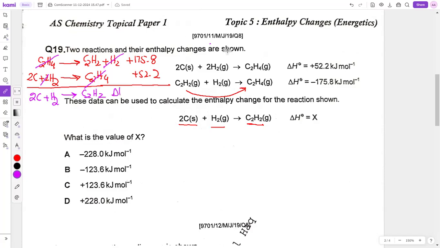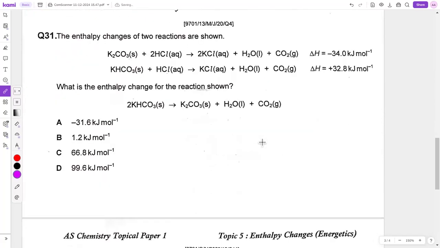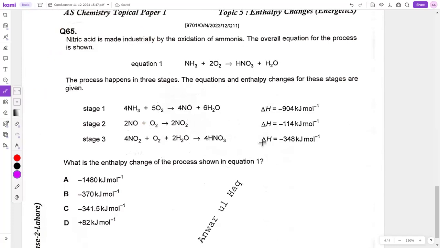So enthalpy change will be sum of these two values, which is 175 point. I did not have to multiply here. What option did you get? B or D? D. Okay. So, beta, this whole debate was for this question.